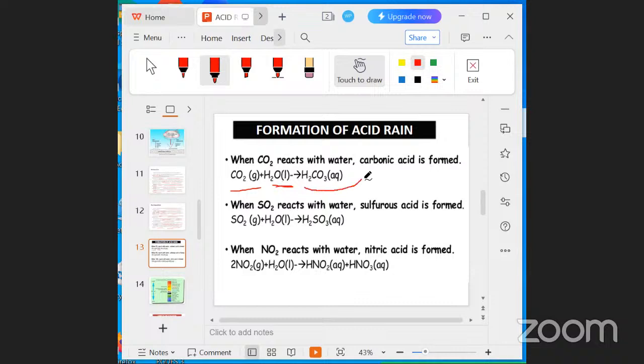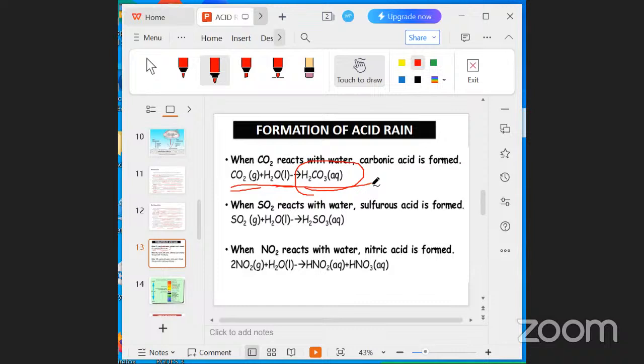Carbonic acid, H2CO3, carbonic acid, right? When carbon dioxide reacts with water, carbonic acid is formed.